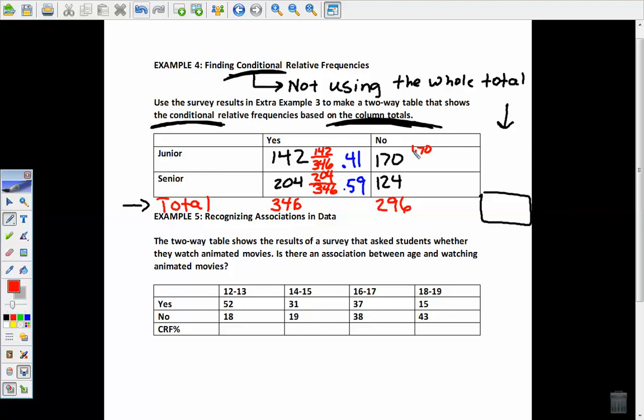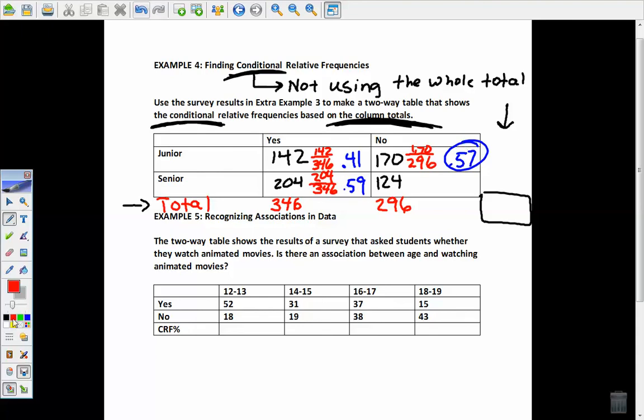We're going to take that 170 and divide by 296 as a decimal. 0.57. So 57% of the kids that are not going to college are juniors.